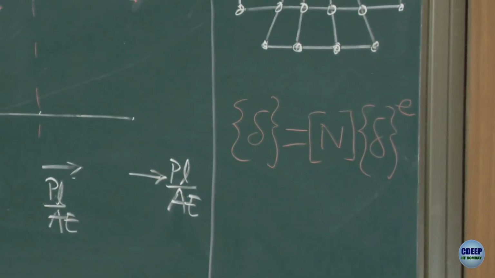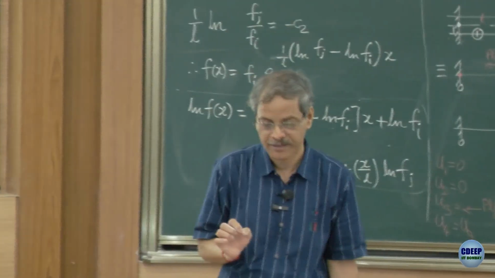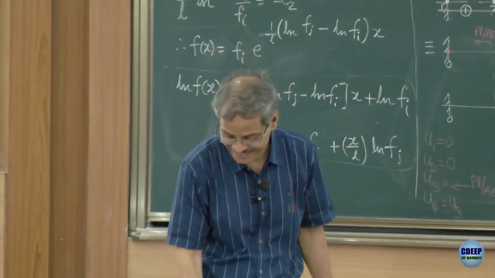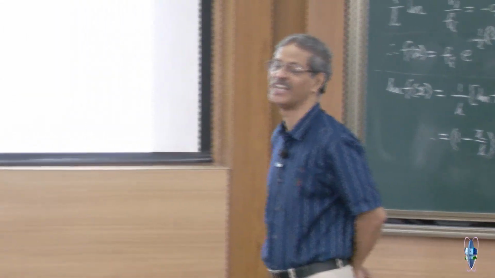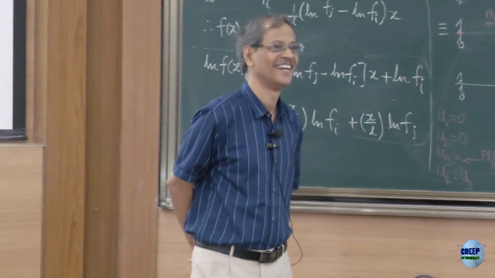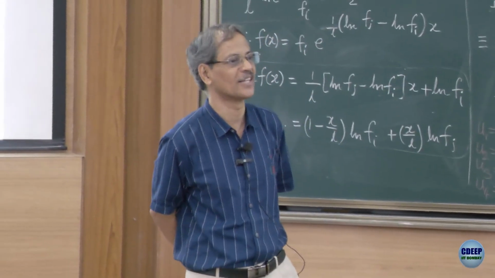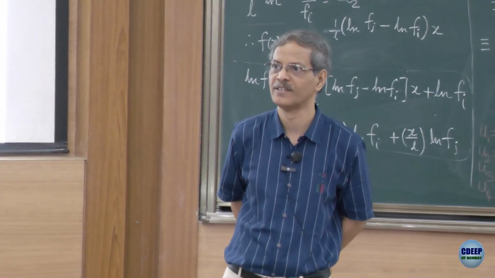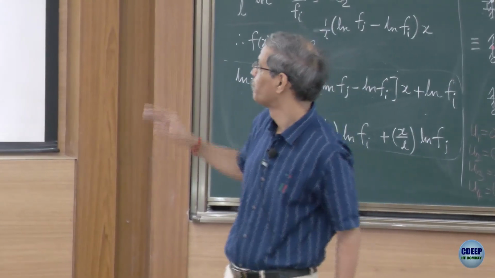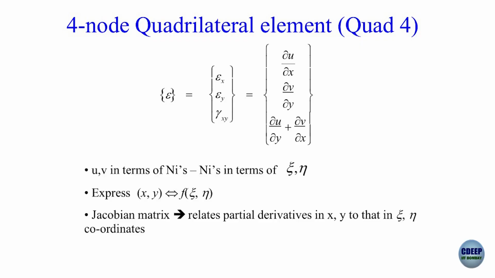But the problem is, I want to find, say for example, heat flux or strain or whatever. I need the derivatives with respect to x and y, not with respect to zeta eta, right. So, epsilon x, epsilon y, gamma xy, the strains in a two-dimensional structural mechanics problem. Similarly, dou T by dou x, dou T by dou y you can think of.